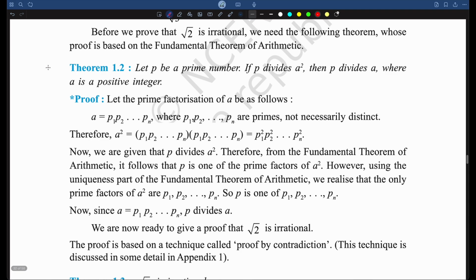Let us cover in short Theorem 1.2. Theorem 1.2 says that P is any prime number, and A and A square are positive integers.